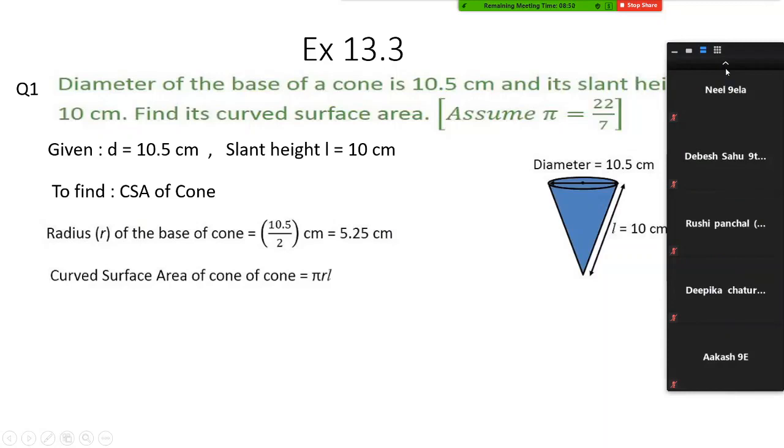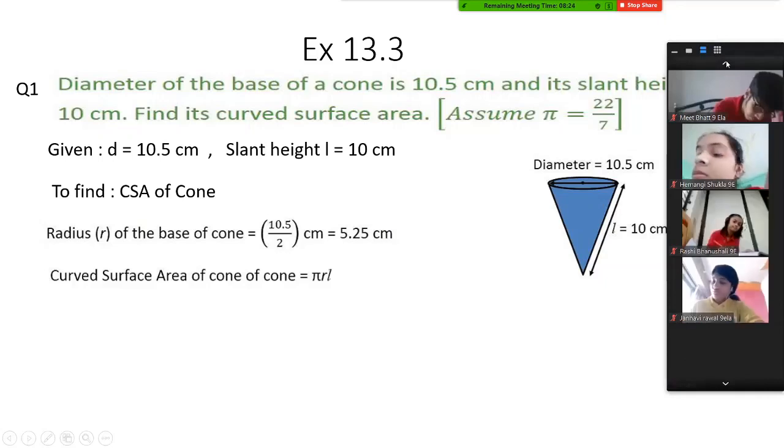Neil, tell me the value of R. On your mic, I want to see you. Neil? 5.25.